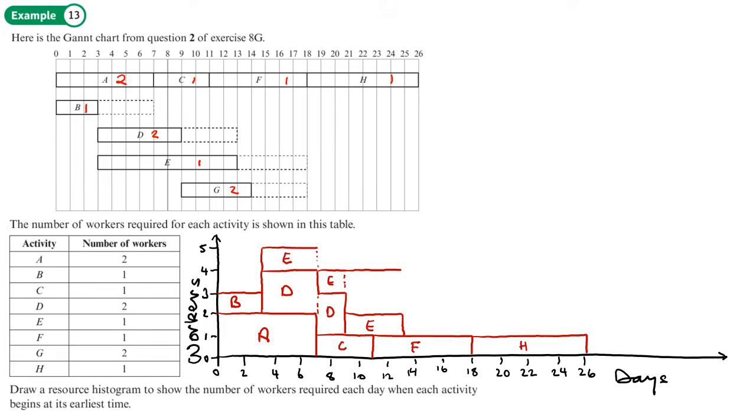So when it gets to here, it needs to drop down and just fill up this gap here. So I'll just label that as G. So there's my completed resource histogram. What I might do is just draw an outline here around the edge of the resource histogram, so I don't have those dotted lines there.